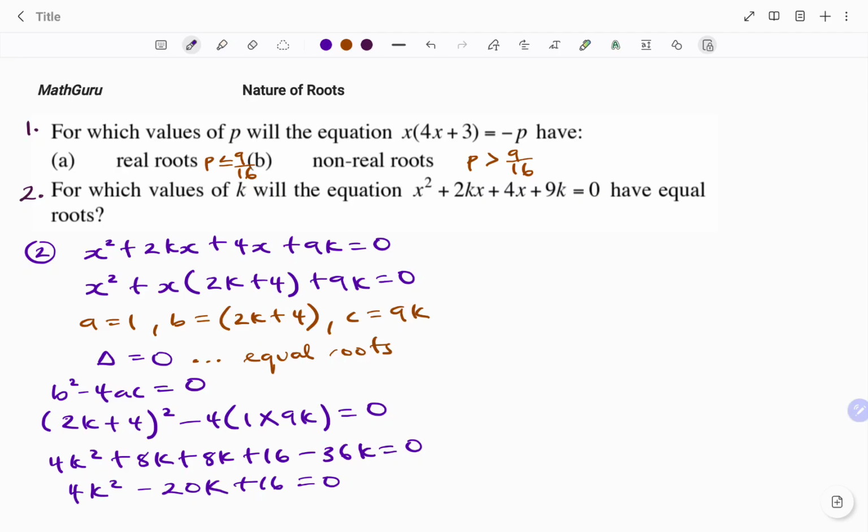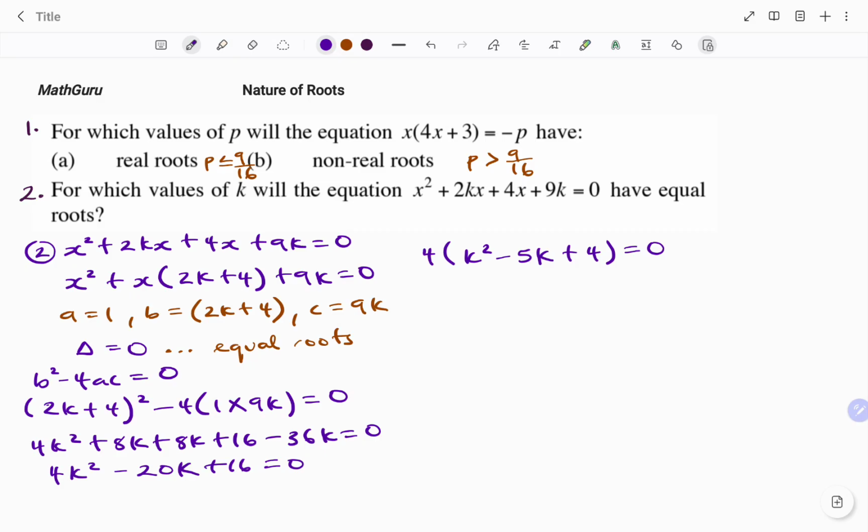I'm going to look for a common factor, which is 4. So I have 4 in bracket, k squared minus 5k plus 4, close bracket, equal to 0. Then, to solve for k, I'm going to factorize k squared minus 5k plus 4. The 4 can fall off.